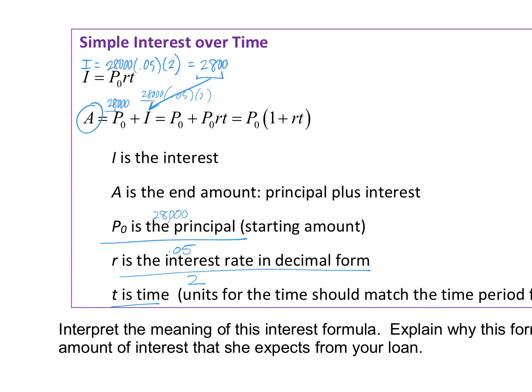So if we undistribute that, we could end up rewriting as 28,000 times 1 plus 0.05 times 2, which looks a lot like this. Our principal, the number 1 standing for, that's the whole amount I owe. And then I also owe a little chunk of that. So that's that rate times time.